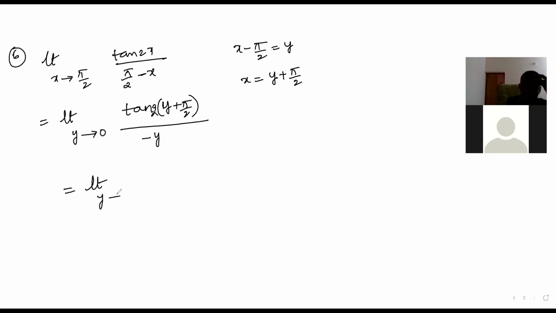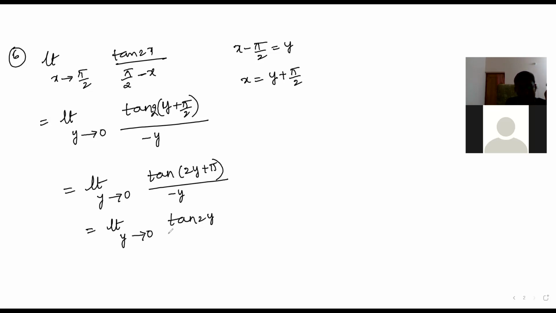Limit y tends to 0, and this is tan of 2y plus pi. So this is pi plus theta, third quadrant. Pi plus 2y, na? Yes, sir. Pi plus theta, third quadrant, tan 2y by minus y.